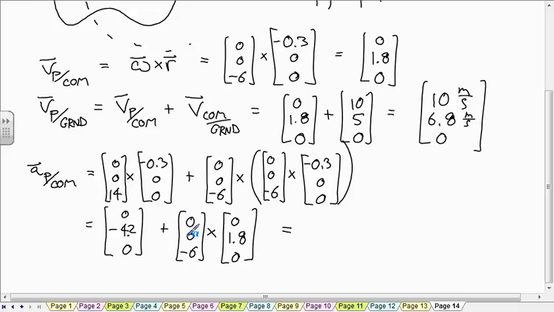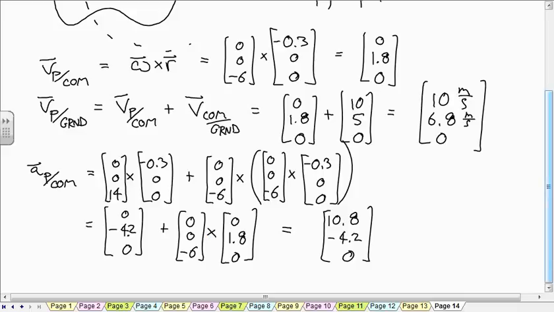Anyone done with that? 10.8, then -4.2, then 0. Okay, so 10.8, -4.2, 0. So here's the tangential acceleration component. It's in the negative y like we expected. Here's the centripetal. It's in the positive x like we expected.